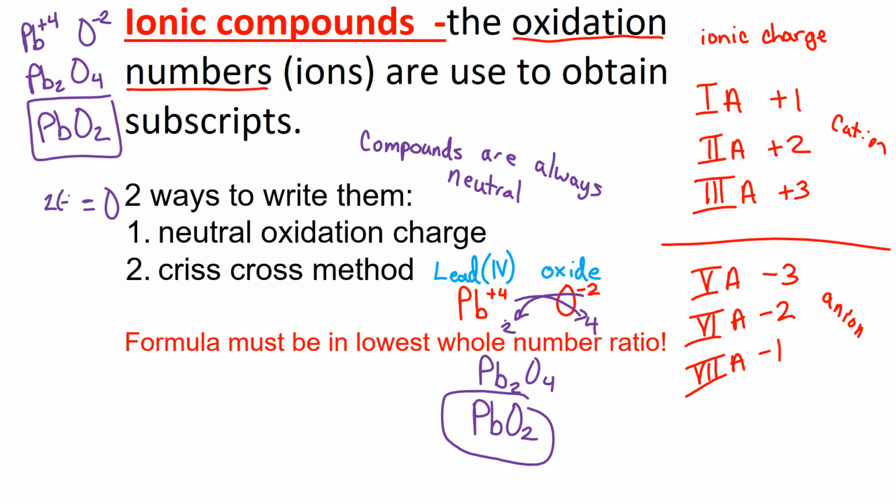So I have 2 times -2. And then I want to know what my Pb is, because I don't know the charge of that lead. I can solve for X there. So if I solve for X, that means that X has to be a +4 in that case, because 2 times -2 is -4. Bring it over to the other side. X equals +4. All right. Questions?